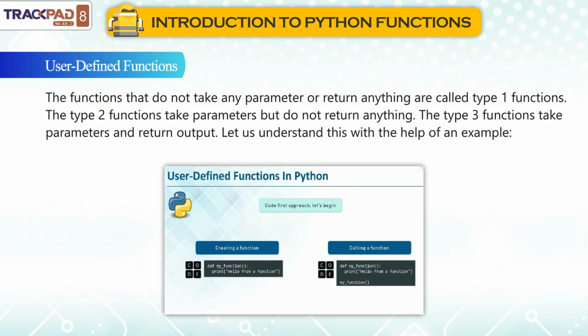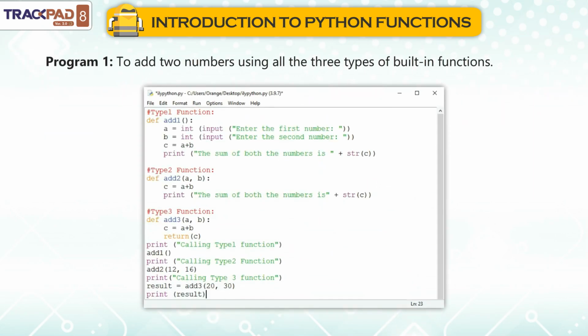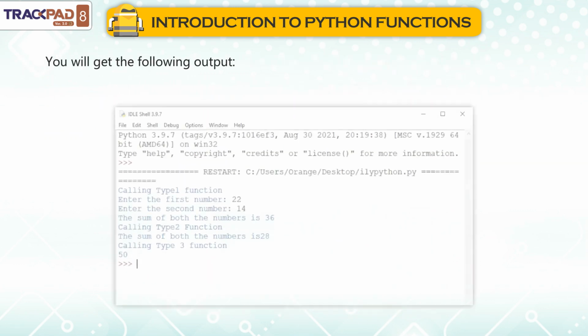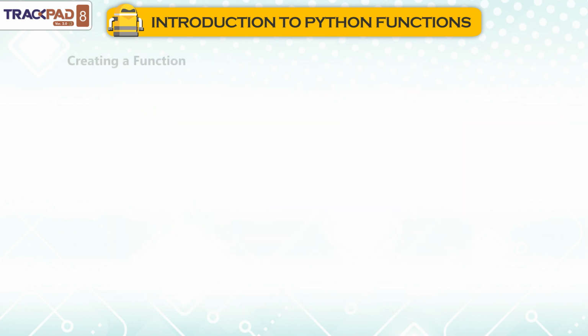The type 2 functions take parameters but do not return anything. The type 3 functions take parameters and return output. Let us understand this with the help of an example. Program 1. To add two numbers using all the three types of user-defined functions. You will get the following output.